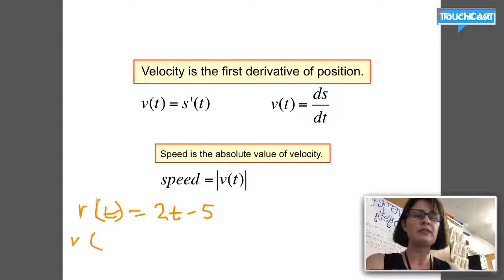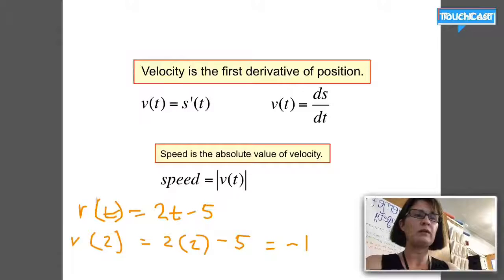So first I need to find the velocity at time 2. I'm plugging 2 in for t into the v function, 2 times 2 minus 5, which is negative 1. So the speed at time 2 is equal to the absolute value of v of 2, which is the absolute value of negative 1, which is equal to positive 1. That's the answer there.